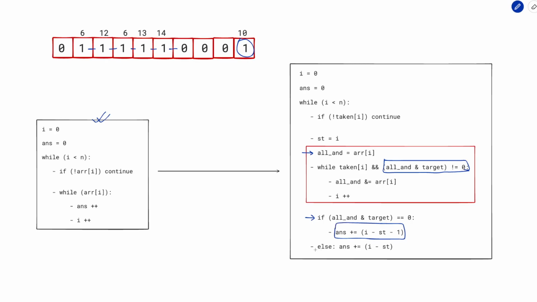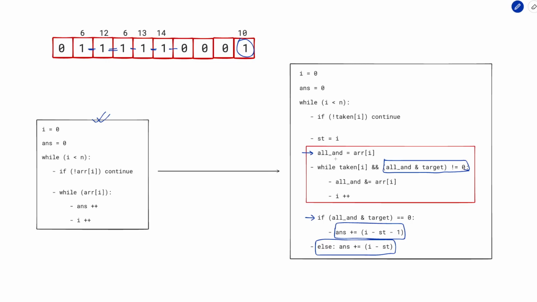And if the second condition is satisfied, the number of operations required equals the total numbers we have visited. Basically, if you have visited 5 numbers, you will have 4 operations, and after 4 operations you are not able to make 0, so you just take the help of another one to make it 0. So the number of ones equals the number of operations here. In the other case, you just subtract 1 because you don't need to take the help of any external zeros to make 0, right?